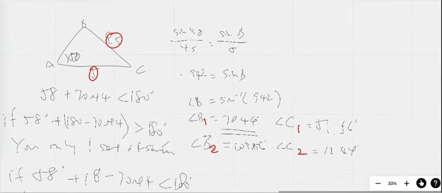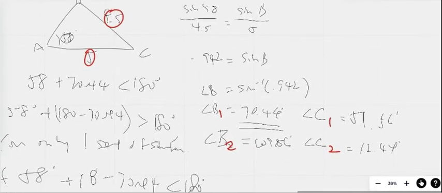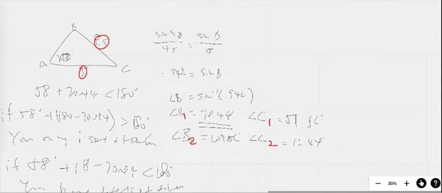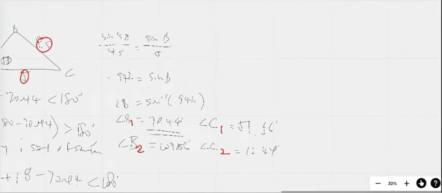And to solve the side C, you will use angle C. And for angle C, you have two sets of answer. Let's get C1.